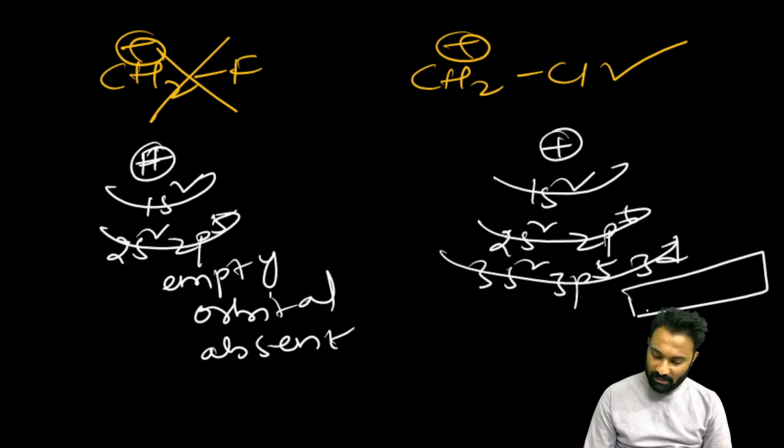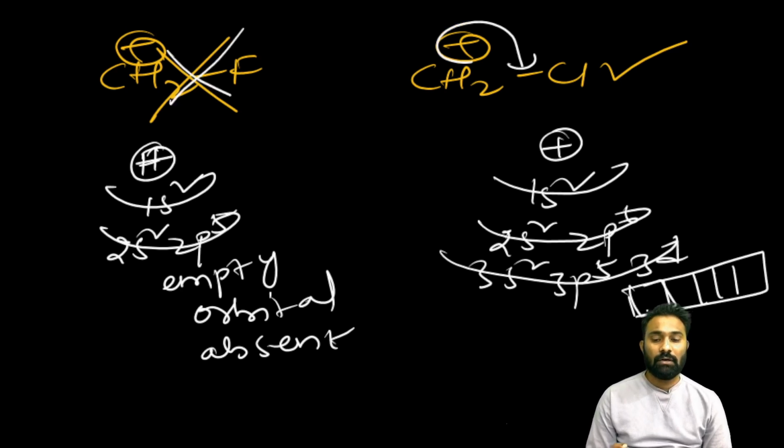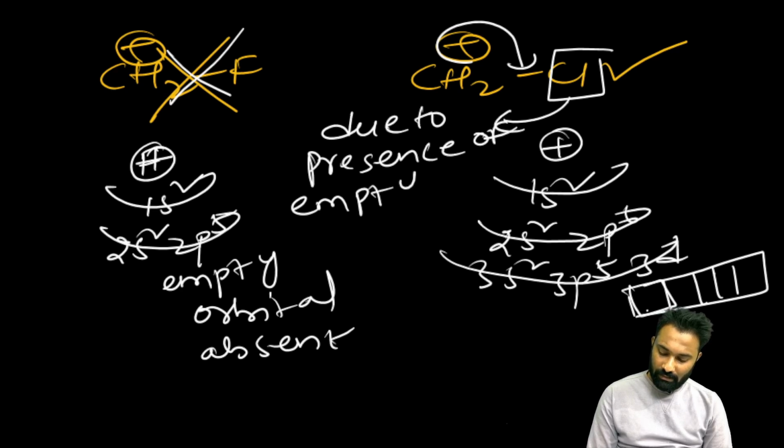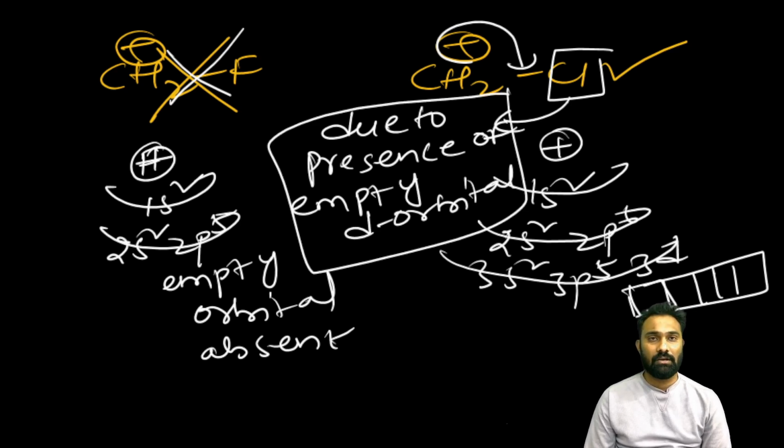Due to the presence of this vacant d orbital, this negative charge will be delocalized to the chlorine's vacant orbital. That's the reason in the CH2F delocalization will not happen. In the chlorine case, delocalization will happen due to the presence of which one? Empty d orbital. Clear? Due to the presence of that empty d orbital, it will show the resonance.